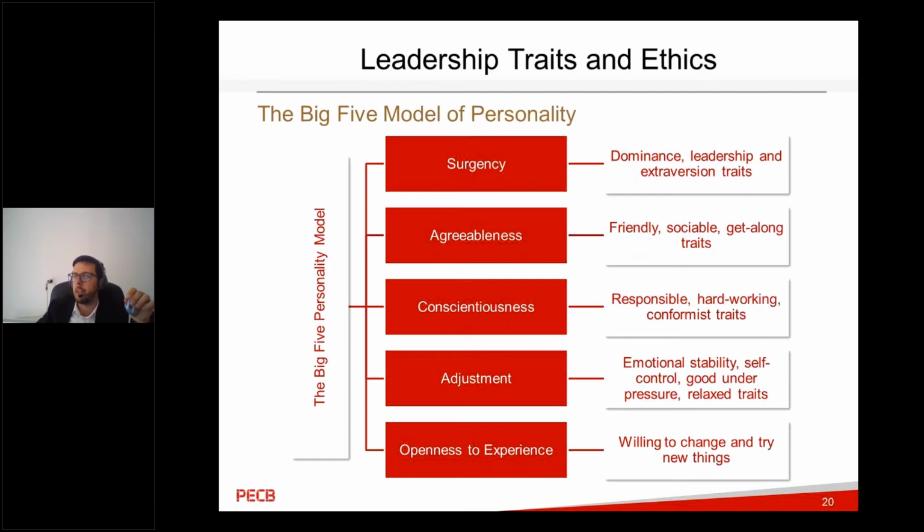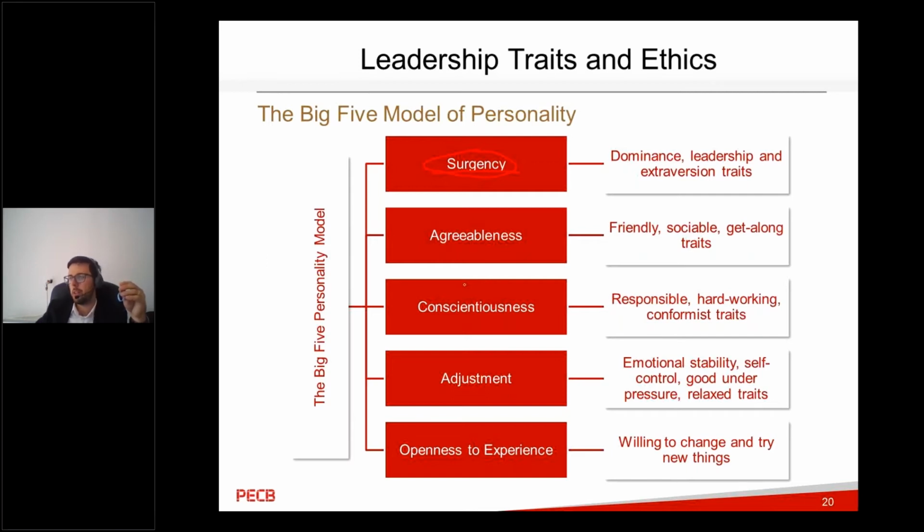For example, here we have surgency, whereas in our previous lecture surgency was known as extraversion. So surgency and extraversion seem to be used interchangeably in this case, even though surgency might be a better way to explain this personality trait.